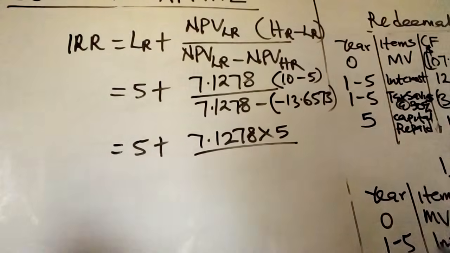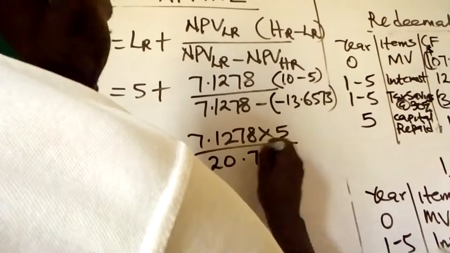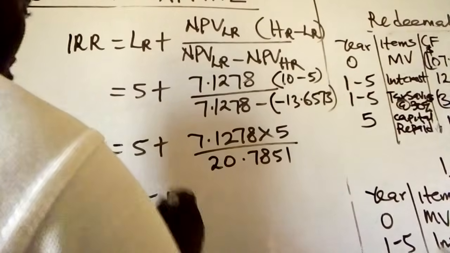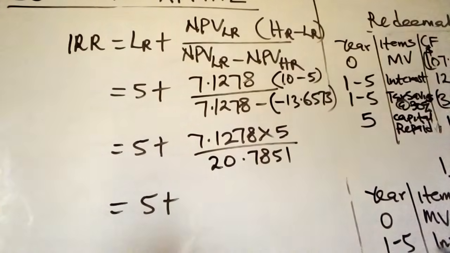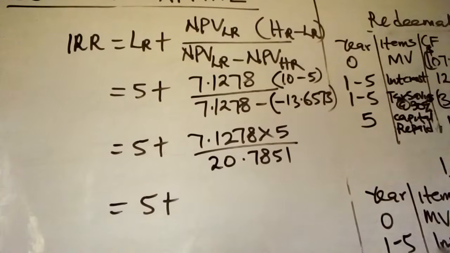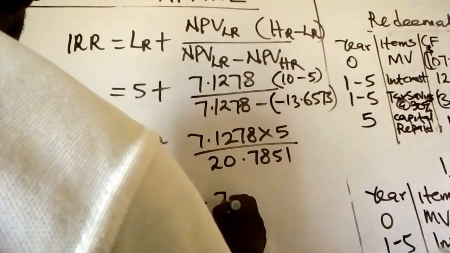That means you are going to sum up the denominator. 7.1278 plus 13.6573, and that will give us 20.7851. So we have 5 plus 7.1278 times 5 divided by 20.7851, then we have 1.71.